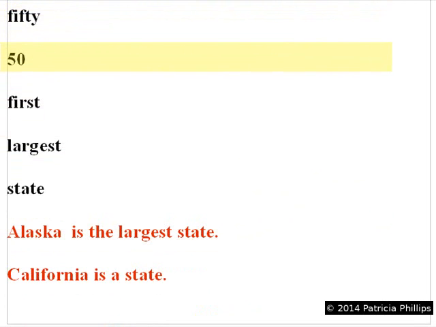50. 50. First. Largest. State. Alaska is the largest state. California is a state.